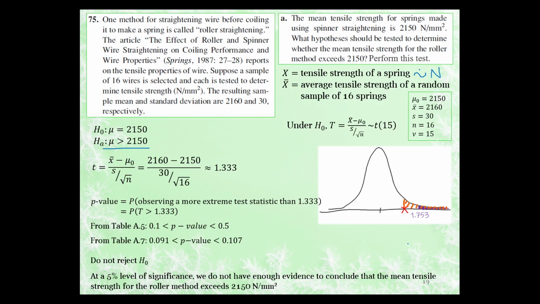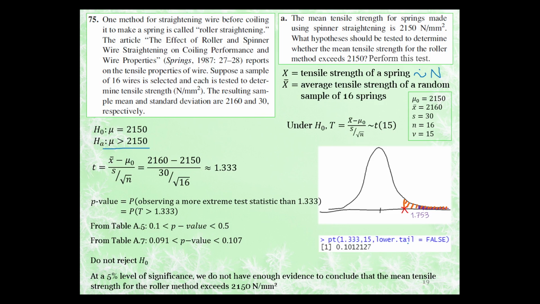Next, I want to show you how we can actually get the exact p-value. For that, we need computer software, and the good news is that you guys have already done this. You just didn't know that you were doing it for p-values as well. But all we want is a probability from a t-distribution. And we know in R, we can get probabilities from a t-distribution using the pt function.